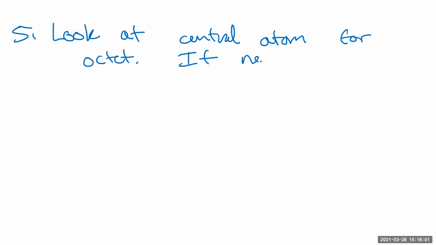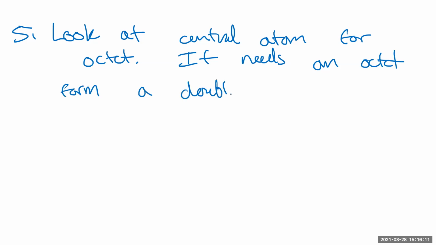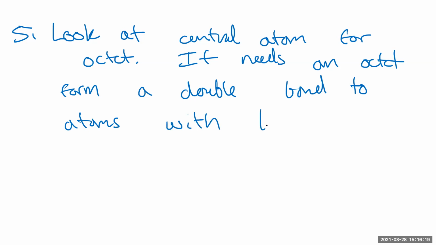If it needs an octet, then generally you would form a double bond to atoms with lone pairs. And this will become more clear when we do a bunch of examples of these Lewis structures.